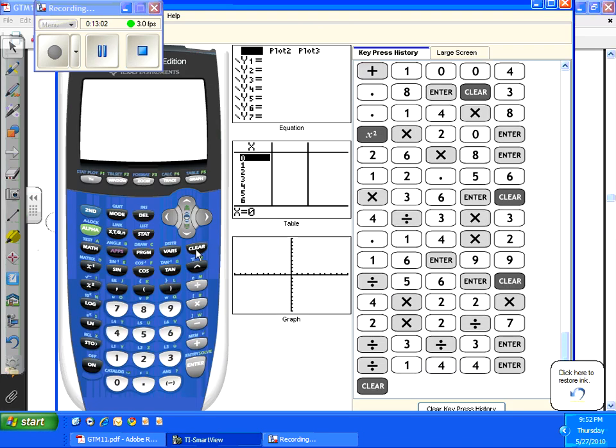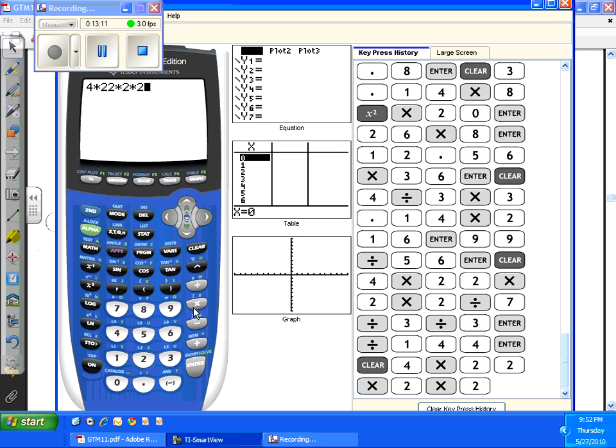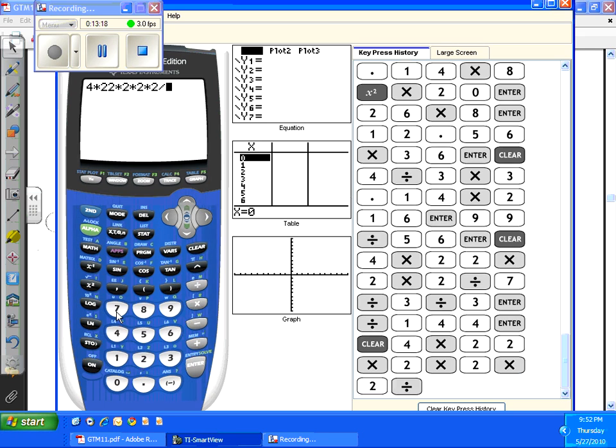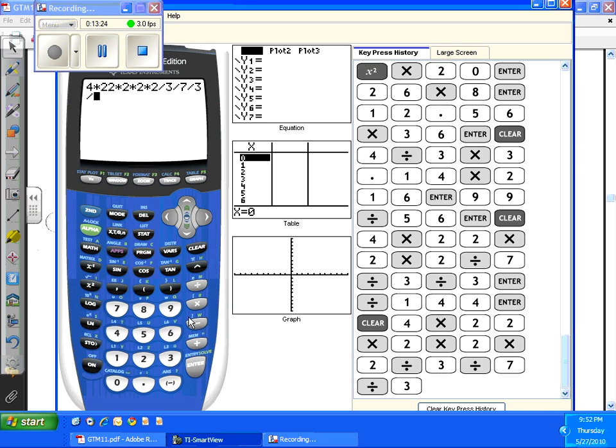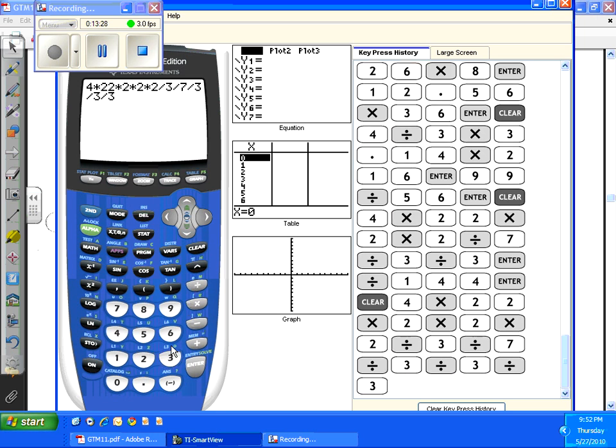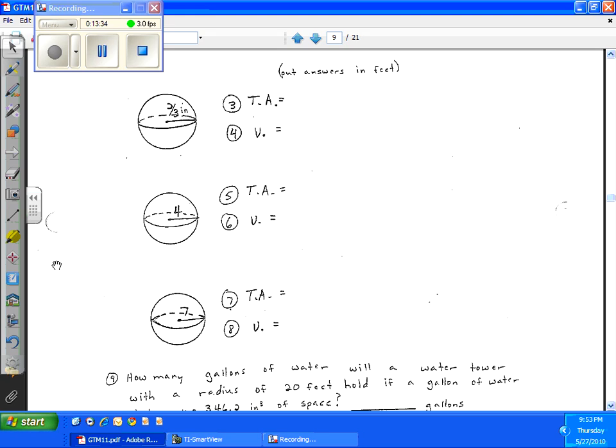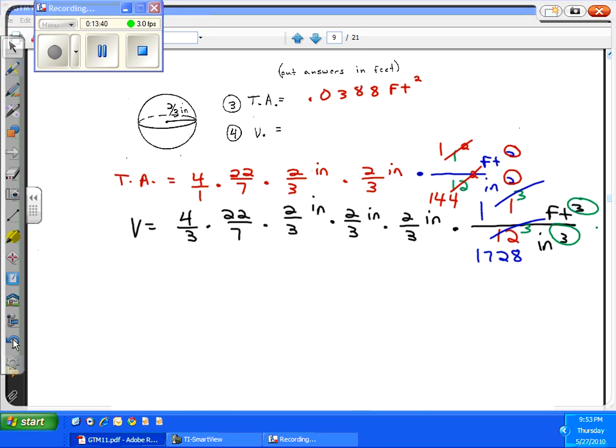On the top we have 4 times 22 times 2 times 2 times 2, divided by all the denominators: 3, divide 7, divide 3, divide 3, divide 3. We get 1.24 rounded, and that's already converted.